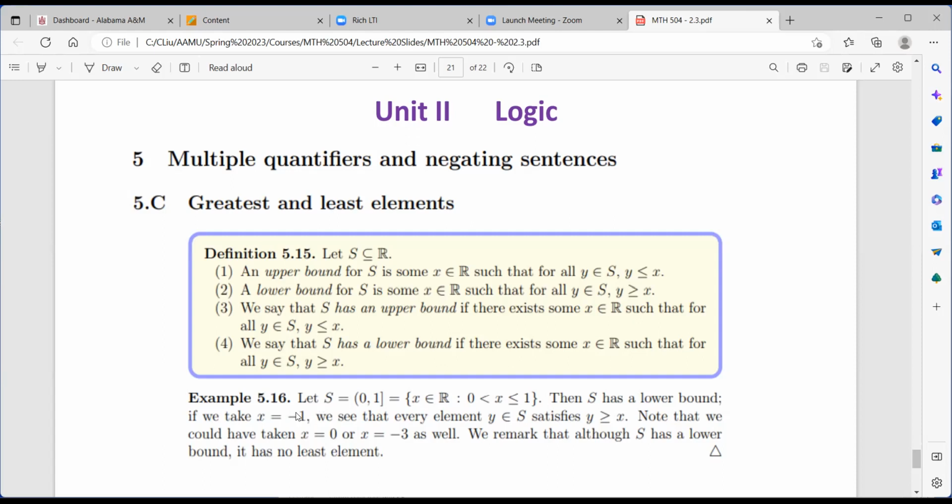You can find many other lower bounds. For example, 0 is also a lower bound because all the numbers in S are greater than 0, right? Of course, -3 is also a lower bound. And you can find a lot of numbers, -2, -0.5, and so on.